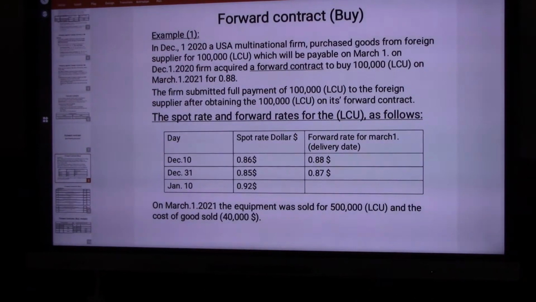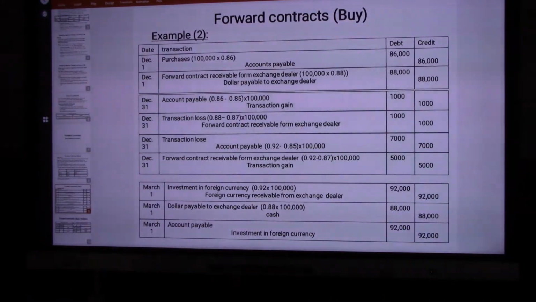So is it a transaction gain or loss? The amount expected to receive from the dealer increased, so the firm achieved a transaction gain. The amount of the transaction gain is the difference between 0.92 and 0.87, from forward contract receivable from exchange dealer to transaction gain.